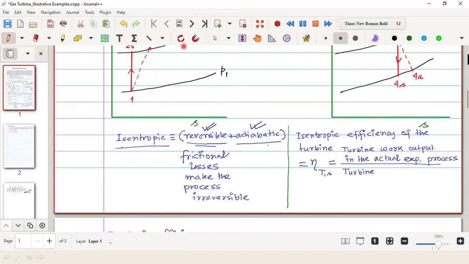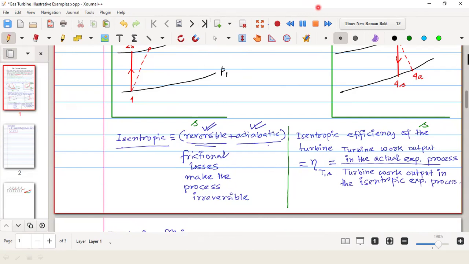Turbine work output in the isentropic expansion process.